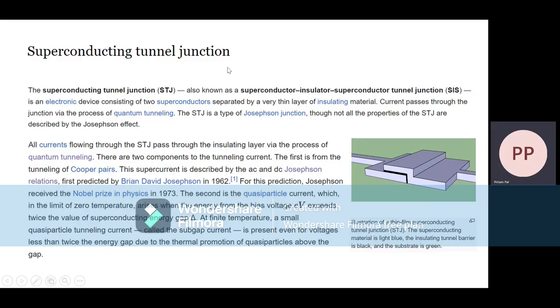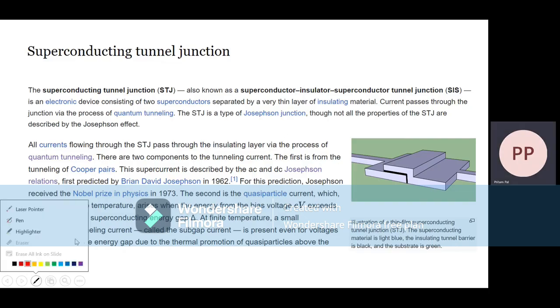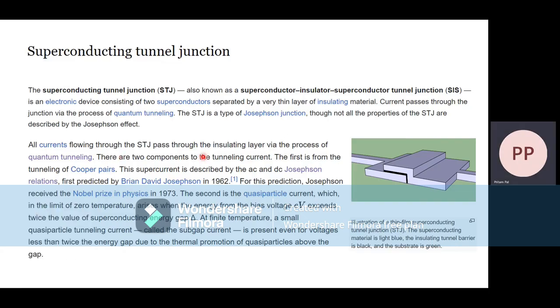When you have a barrier, electrons tunnel through that barrier, depending upon the potential profile. The electron will have a certain probability to tunnel through the barrier from one side to the other across the junction. So this is the quantum tunneling phenomenon, right?